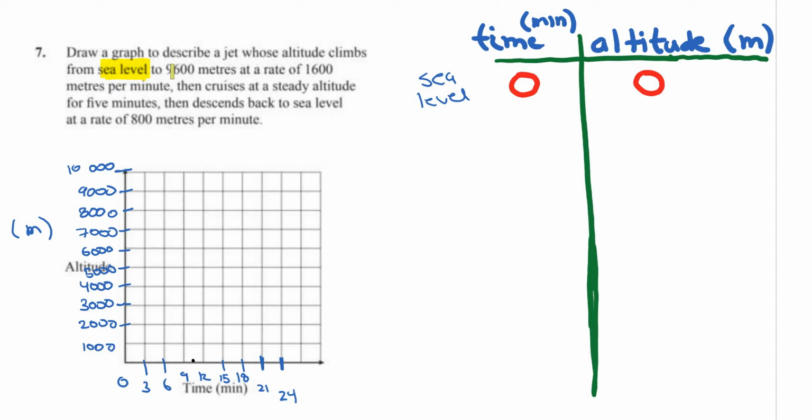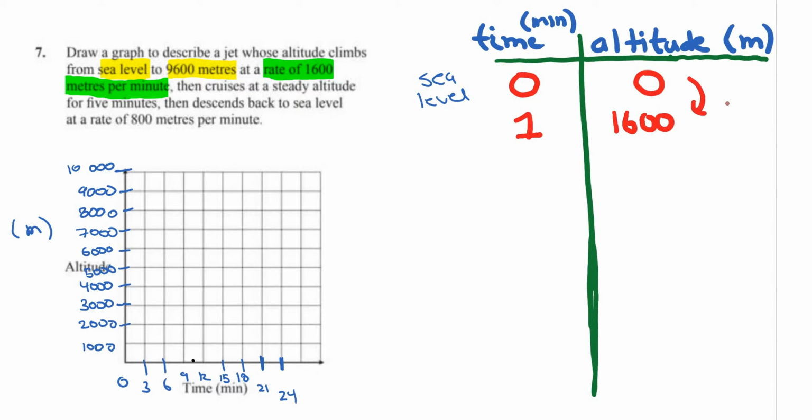Now, although we do reach a height of 9,600 meters, we are going up at a rate of 1,600 meters per minute. What does that mean? Every minute we're going up by 1,600 meters until we reach 9,600 meters. So after 1 minute, we reach a height of 1,600 meters.